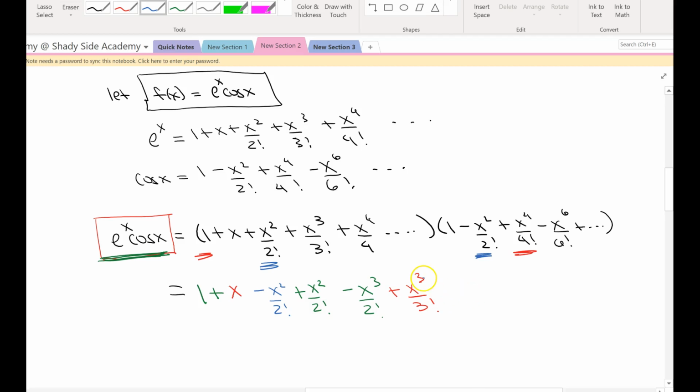All right, well, this becomes, let's see, minus x to the 4th over 2 factorial times 2 factorial. And then the reds here, it was plus x to the 4th over 4 factorial. Okay, I'm just double checking to make sure that there is no other way that I could have gotten x to the 4th.